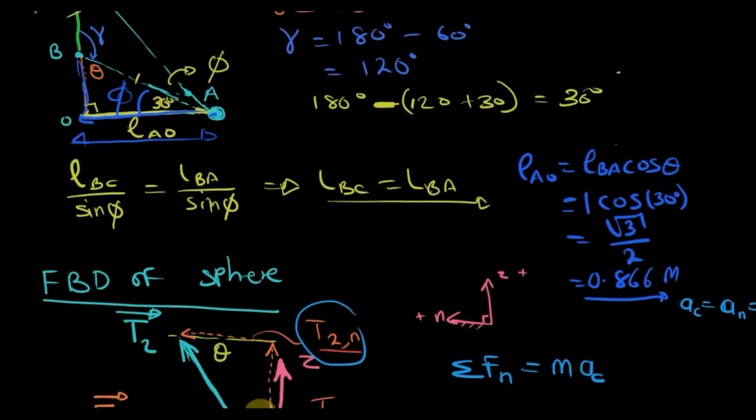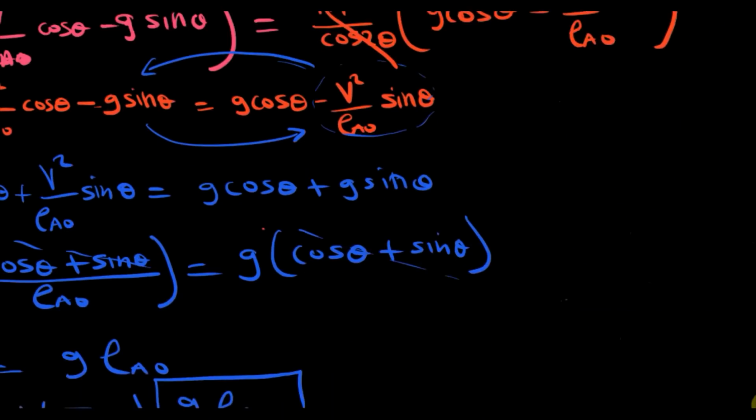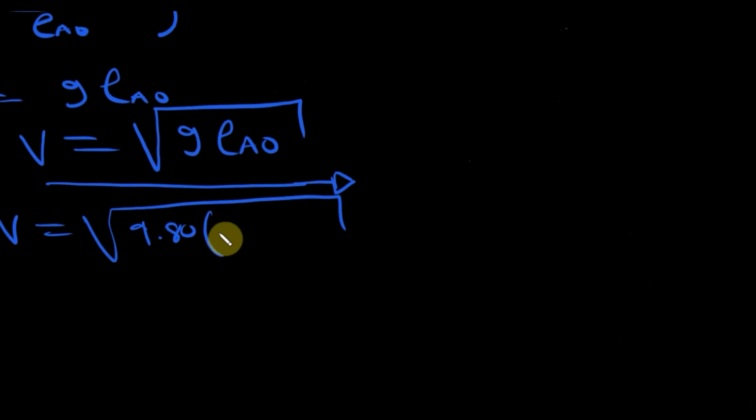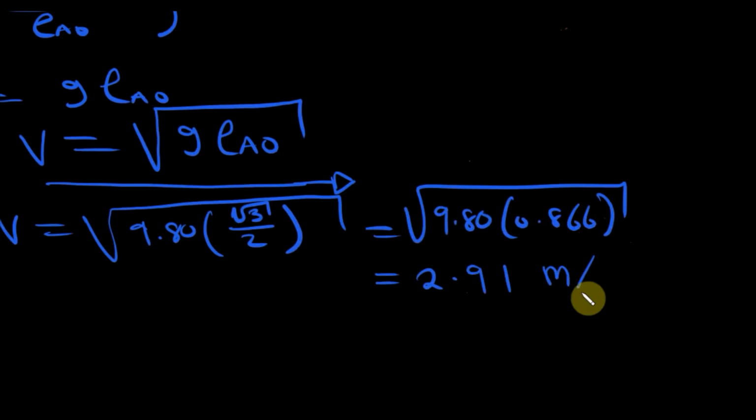Take that to where we are working, and then we'll be done. So square root of 3 over 2, or if you like, you can use 0.866. 9.80 times 0.866. This should give us 2.91 meters per second.